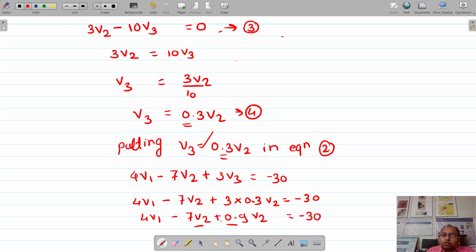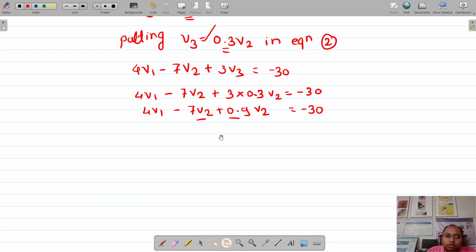The minus 7 is there, so from that 0.9 will be subtracted, isn't it? So 7 minus 0.9, it is coming as 6.1. So the modified equation number 2 is like this: 4v1 minus 6.1 v2 is equals to minus 30.